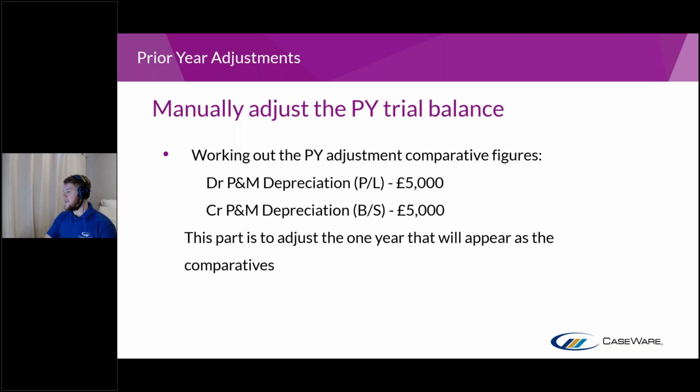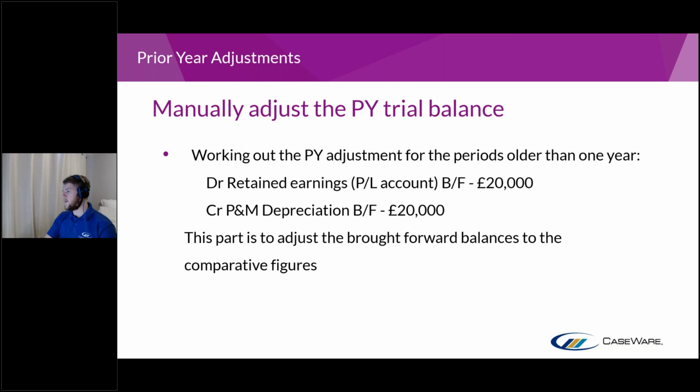Okay, now the next step that we are going to jump into is the same step, but the second part of that journal will be working out the effect on prior years 2 to 5. Okay, now when we're doing that, we've got a situation where there's 4 years worth of depreciation that was understated hitting the brought forwards in the plant and machinery depreciation codes. Okay, now to make that effect roll up into one adjustment, we're going to have to credit the brought forward depreciation in the prior year.